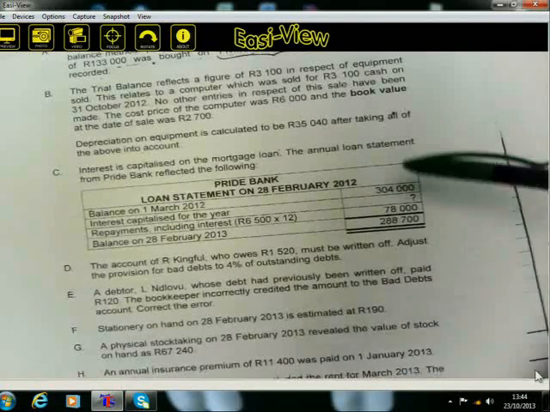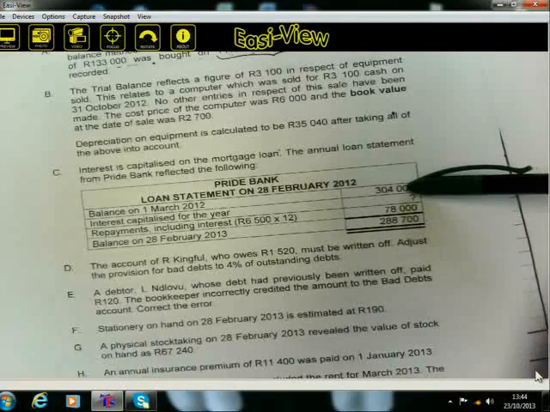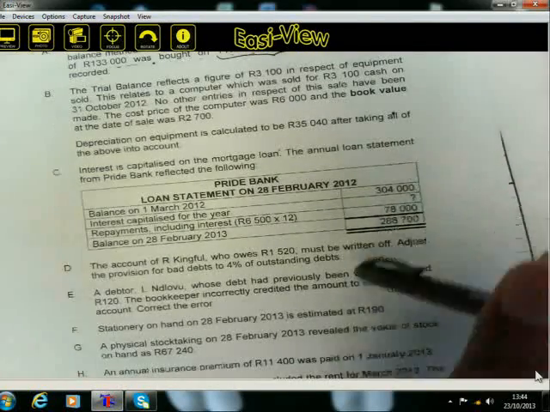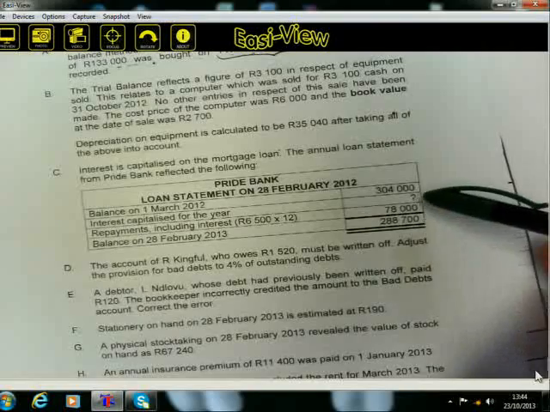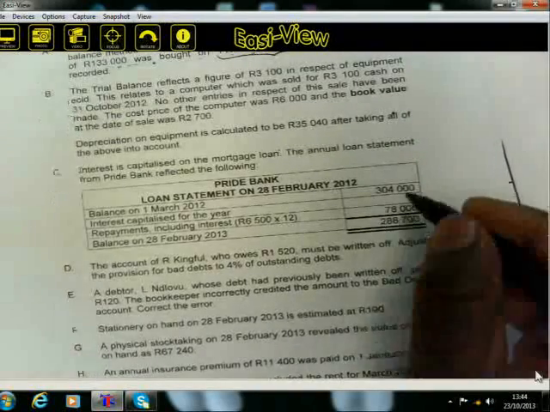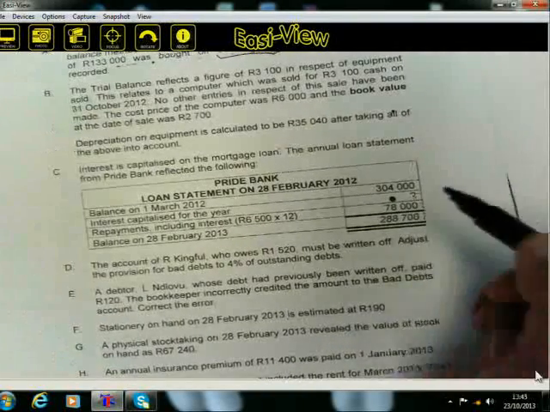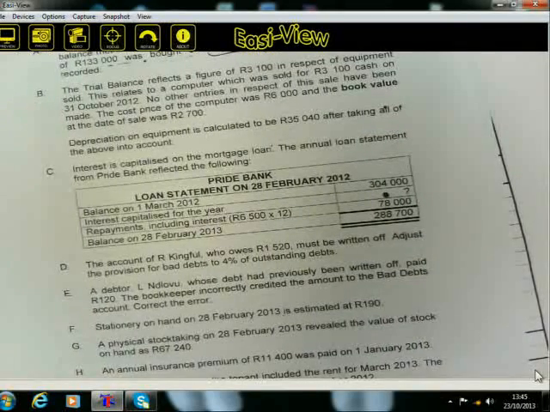Then the interest is capitalized. We have to calculate the interest on the loan. Let us calculate the interest. We have the balance. The only unknown is the interest capitalized. So we have the balance, which is 288,700.